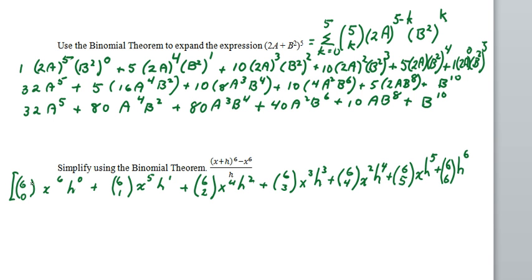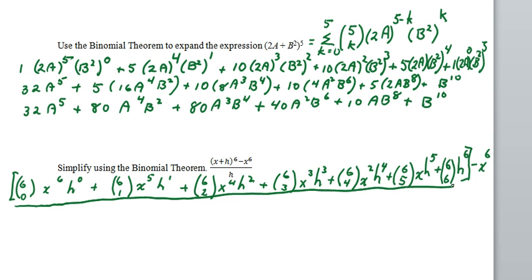And that is what we take the x to the sixth away from, and then divide by h. Since 6 over 0 is 1 and h to the 0 is 1, the first term in the grouping is x to the sixth.